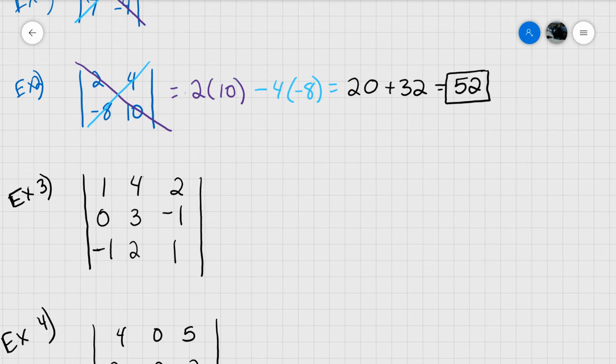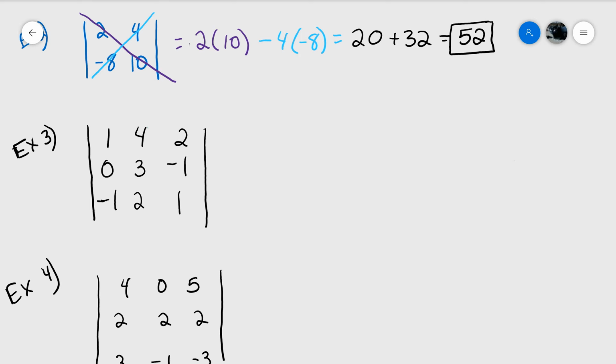All right, so 2 by 2, really easy. Once you've got the steps, you can knock these out fast. 3 by 3 is a little more difficult. I'll write the steps here for you to copy down, and then I'll erase them and do the problem out.